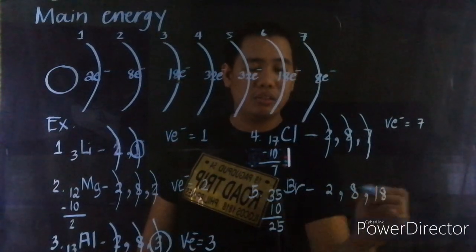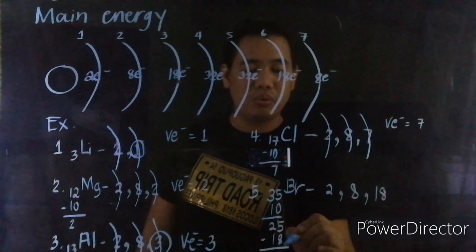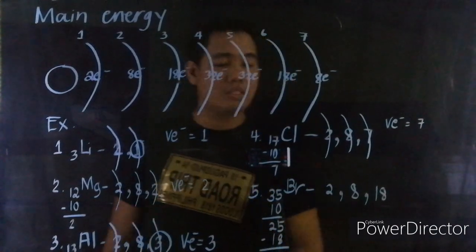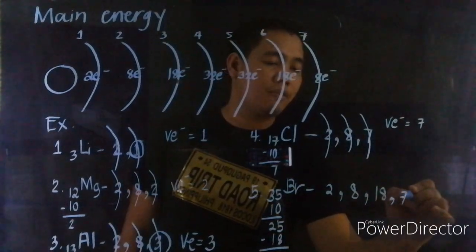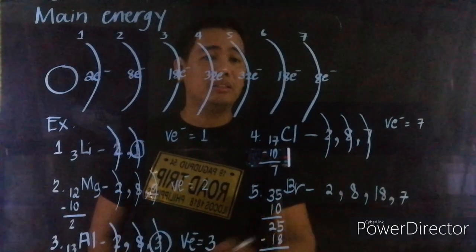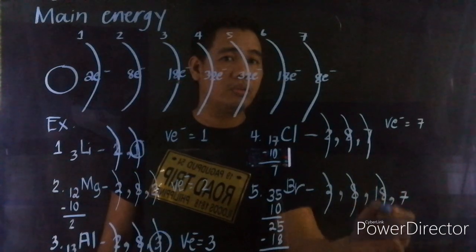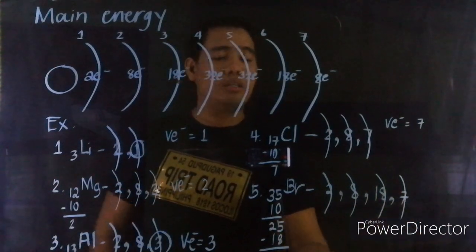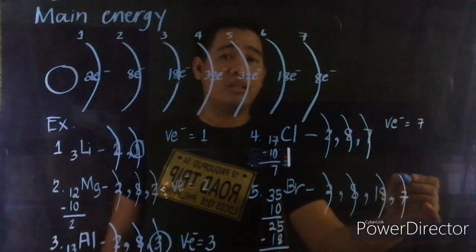Okay? So we need to subtract that one. So what is left is 7. So we can write 7. So how many shells are there in bromine? So we have 1, 2, 3, 4. So bromine belongs to period 4. And what is the last shell?